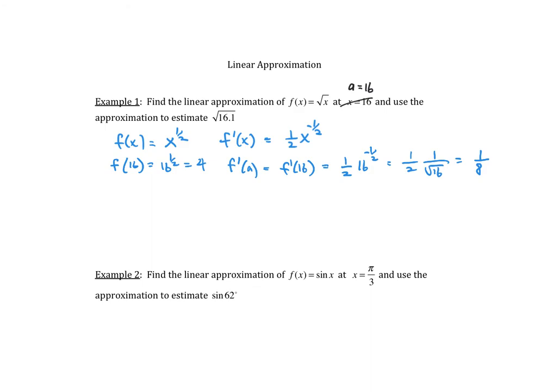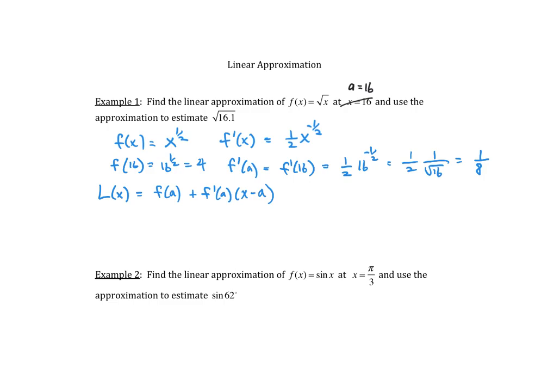1 over 4 times 1/2 is 1 over 8. Okay, great. So now I have all the pieces of my formula that I need in order to write down the linear approximation. So the linear approximation L of x is equal to f of a plus f prime of a times x minus a.